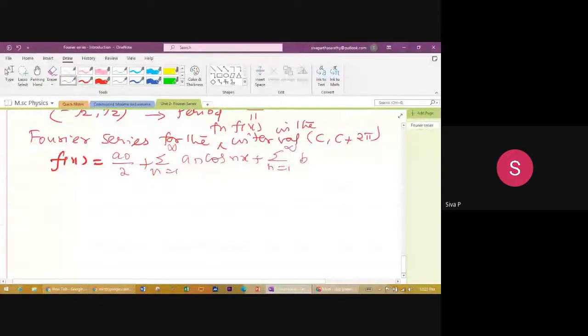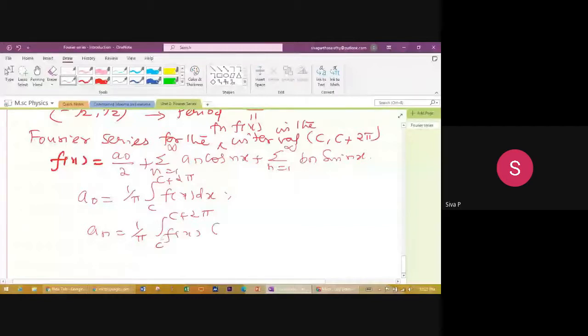Now what is a naught here? a naught is 1 by pi integral over c to c plus 2 pi f of x dx. an is 1 by pi integral over c to c plus 2 pi f of x cos nx dx.